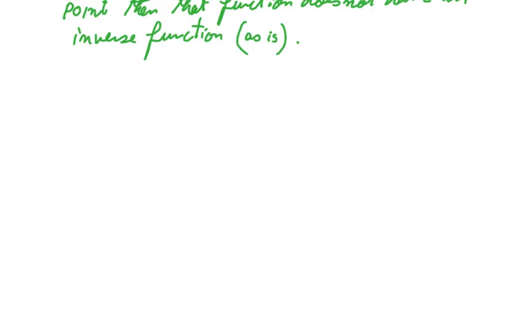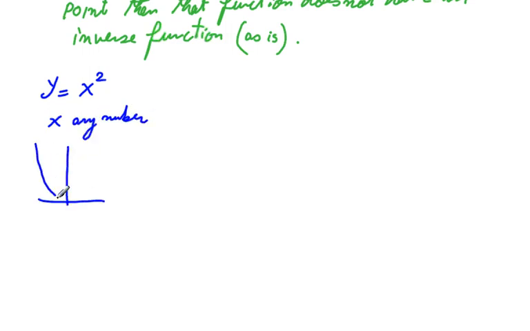So that's going to give us the idea of a restricted function. If you have a graph of y equal to x squared, where x was any number, with this kind of a picture, you can go and talk about a restricted version of this.